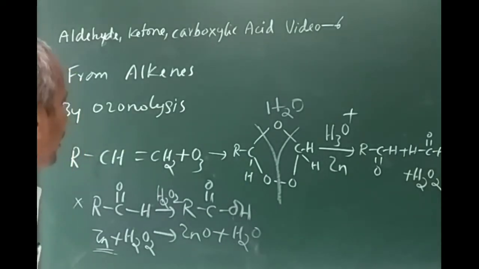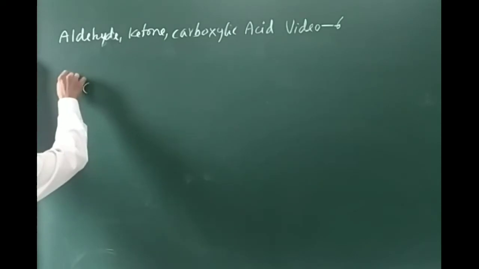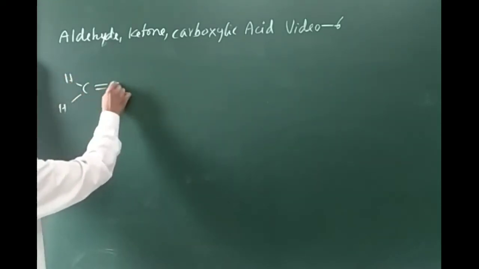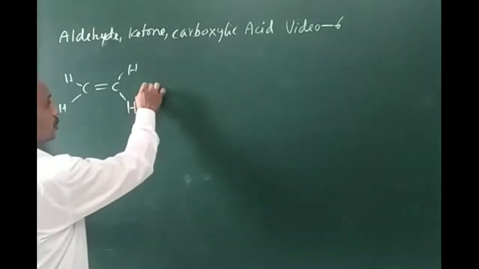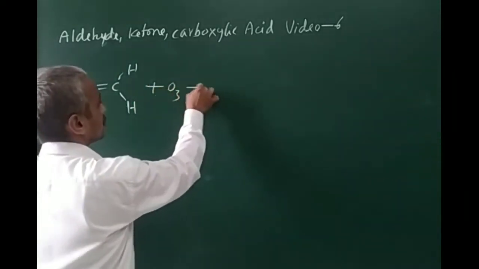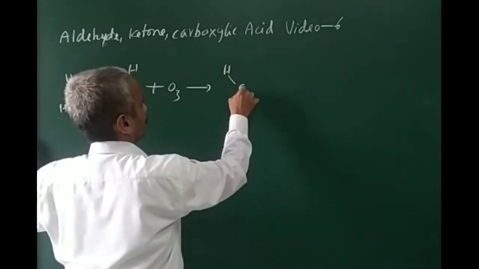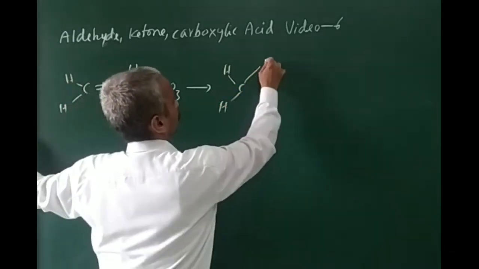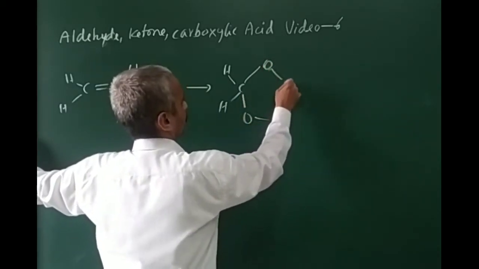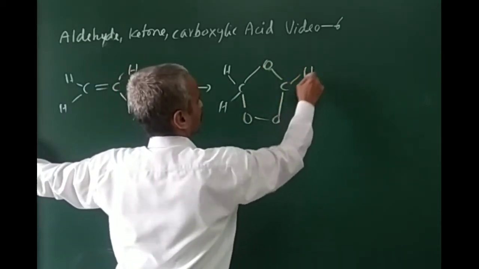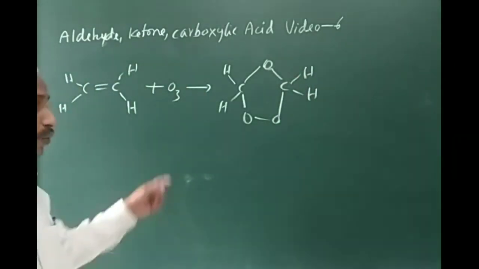Now we'll see some examples. First alkene, CH2=CH2. Treat with ozone. I am going to get HCHO, OCHH, ethane triozonide.